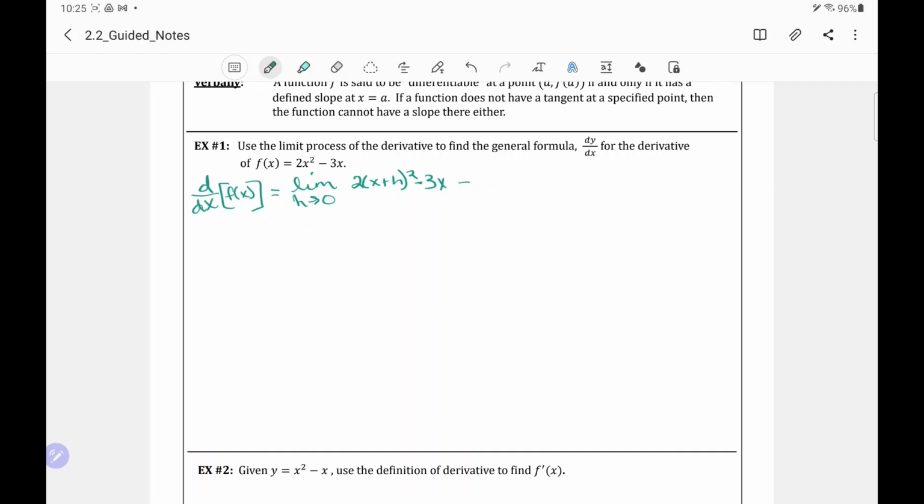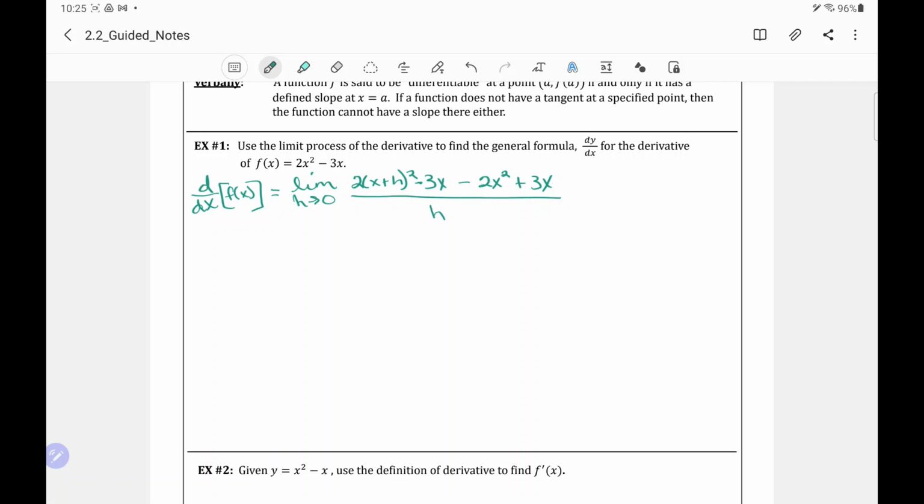minus the original function. And so that's 2x squared minus 3x. I'm going to go ahead right now and distribute the negative. I'm distributing the f of x plus h minus f of x. If I lost you there, go back and look at the formula. And it's all over h, right? So let's go ahead and simplify the information on the top.